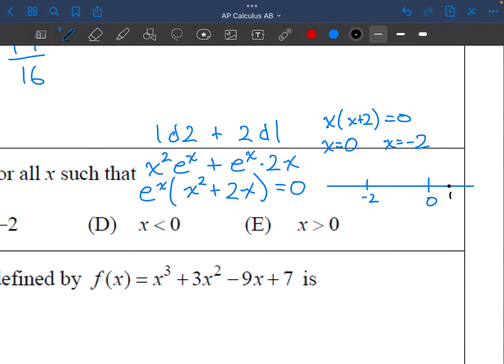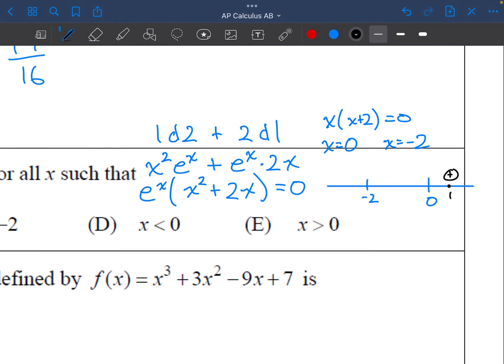I know that up here I have a positive value. And because each of these factors up here are to the power of 1, that's the power of 1, that's the power of 1, that means it's going to be odd powers, right? Odd powers mean that when you move over that critical value, it will switch signs. If this was an even power like 2 or 4, it would not switch signs.